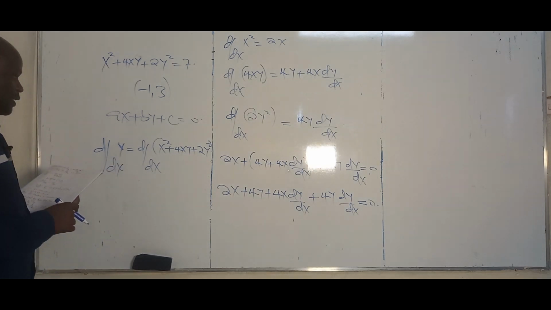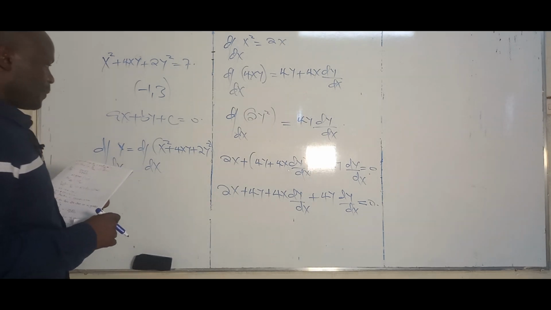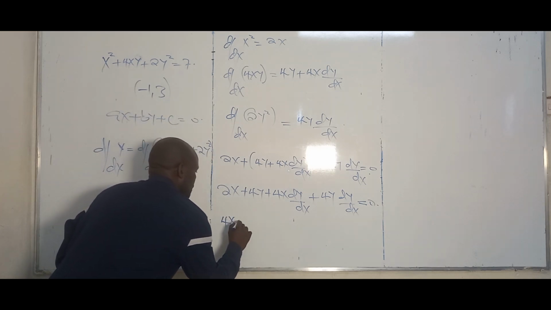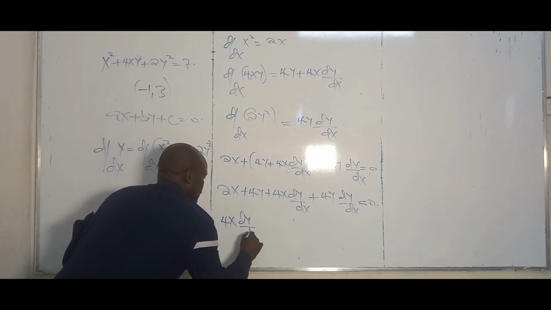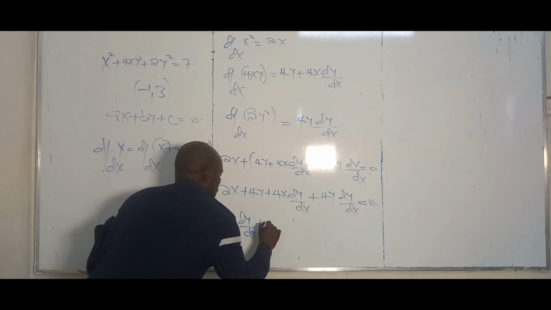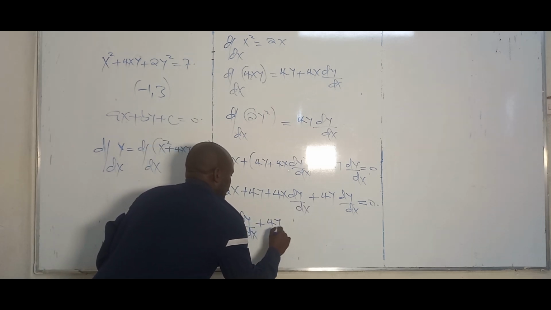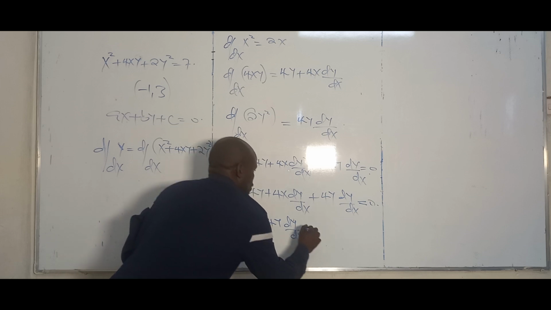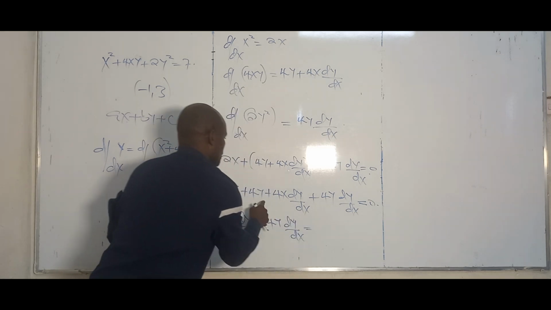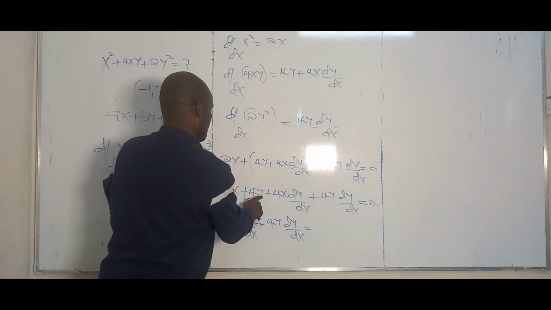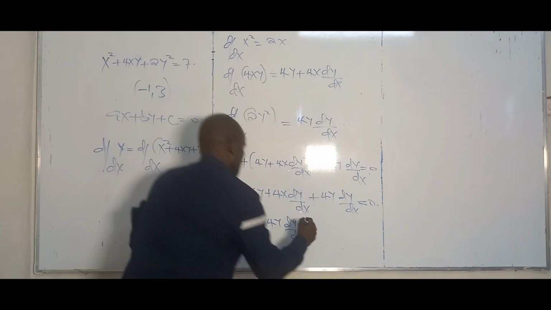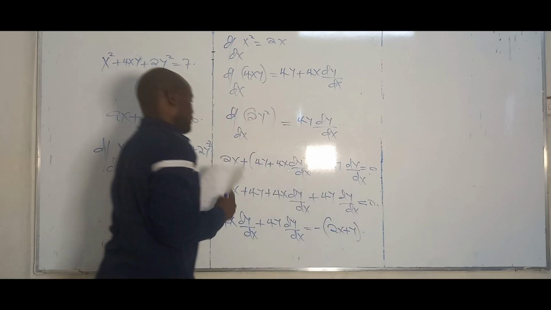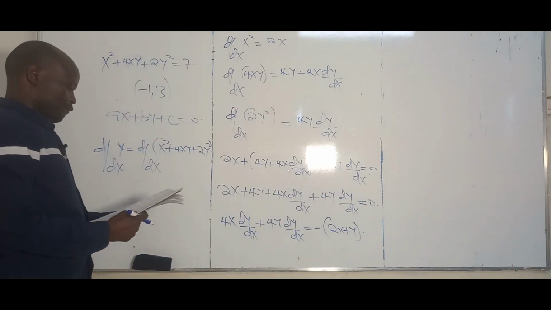So if that's the case, then I collect the like terms. 4x dy/dx plus 4y dy/dx is equal to, because this now crosses, the negative of 2x plus y.